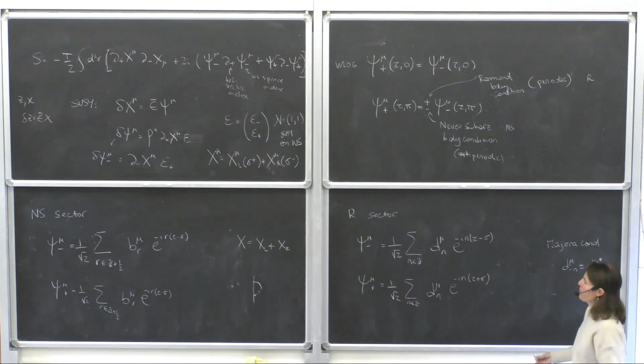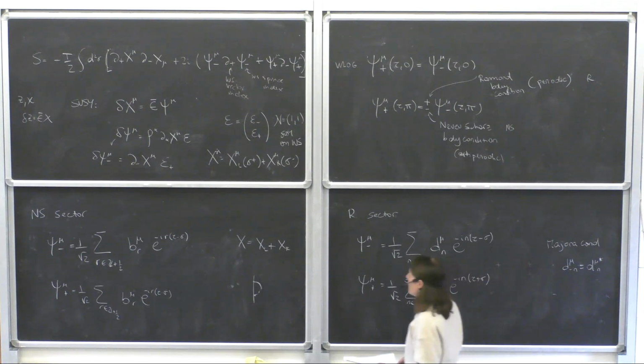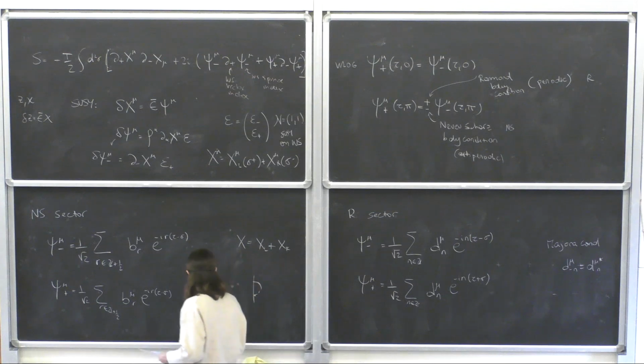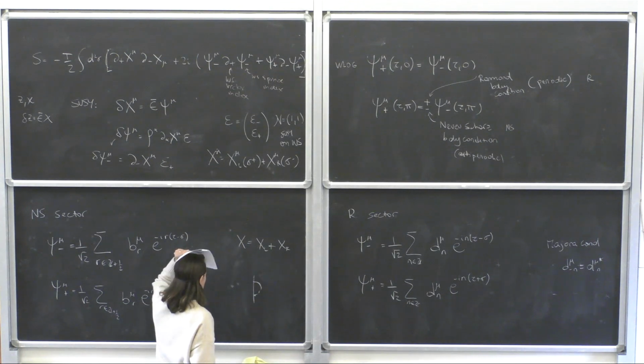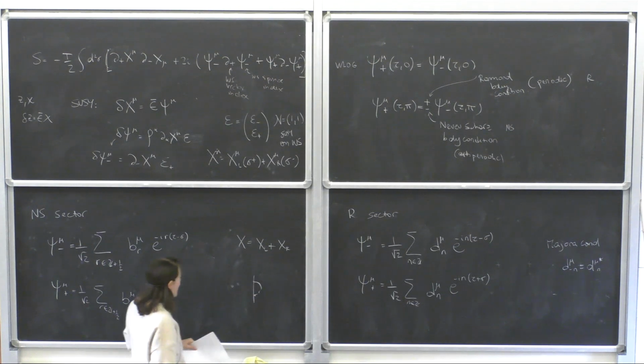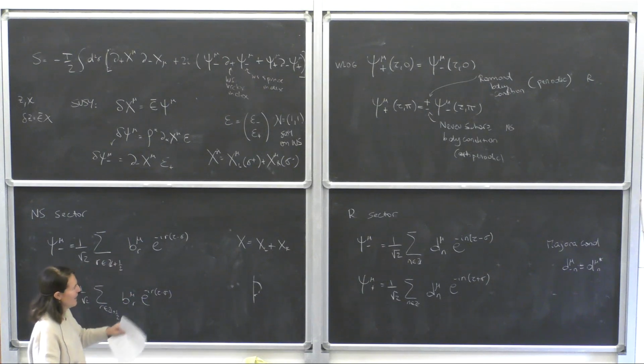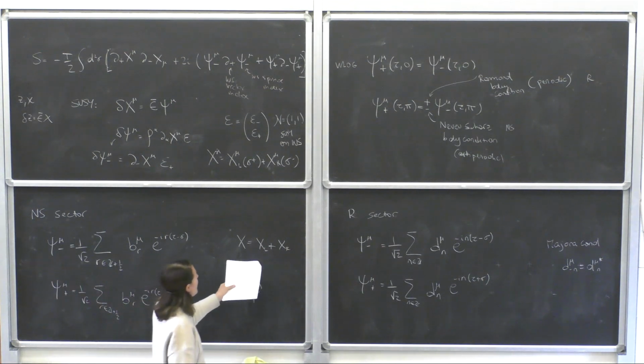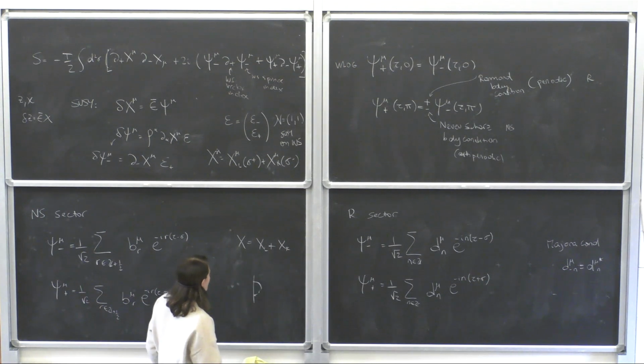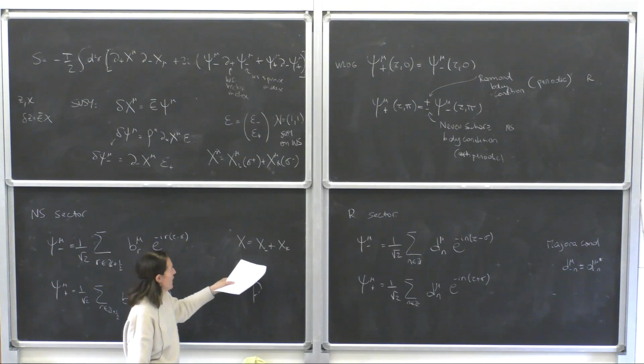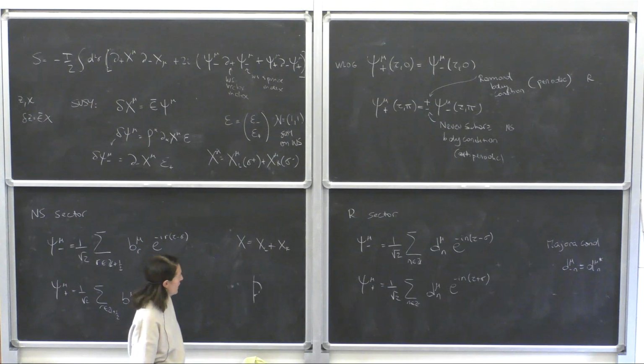I mean, in spirit, they are similar in the sense that... maybe I should try, but let me do that either in the break or later, and I can tell you this afternoon. The Neumann and Dirichlet boundary conditions, write it in terms of boundary conditions relating x left and x right.